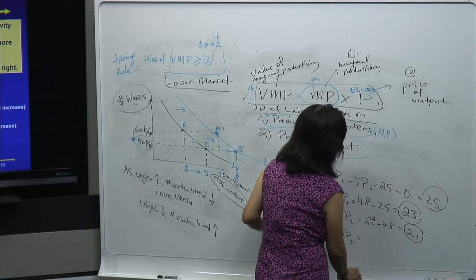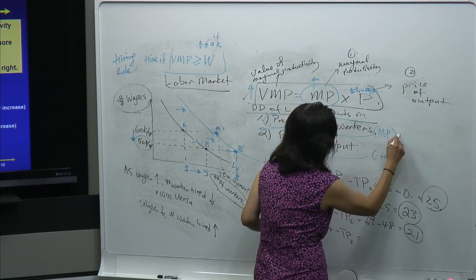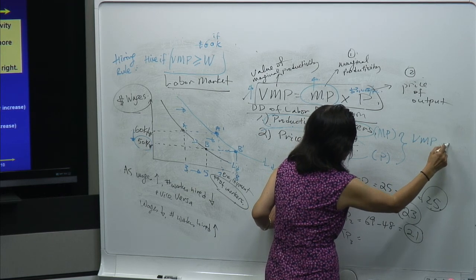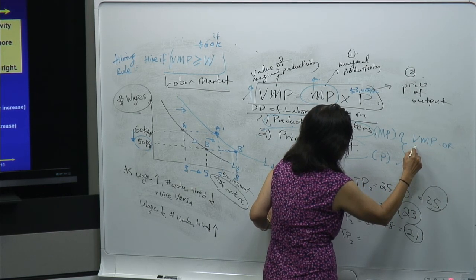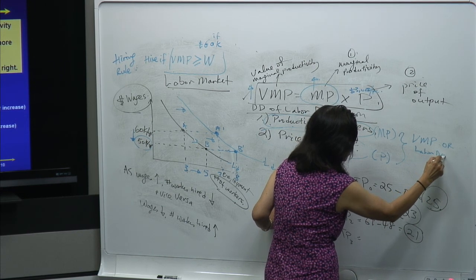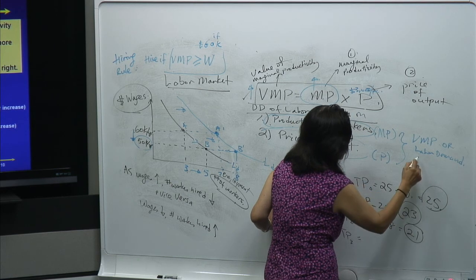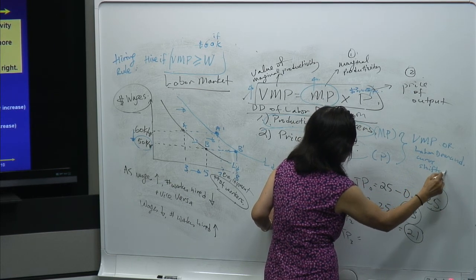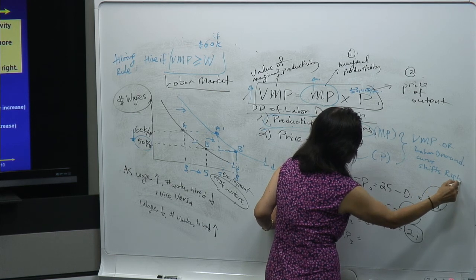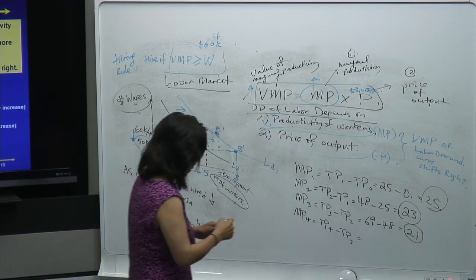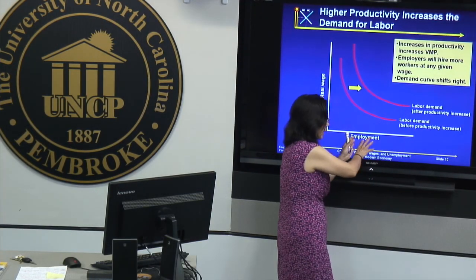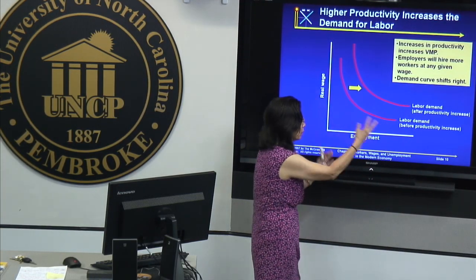Both cases will make the labor demand curve, or VMP, shift right. And every time you shift something to the right, what's on your x-axis, which is employment, will go up.